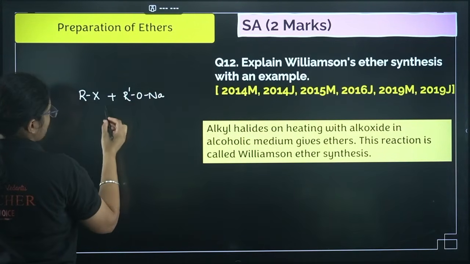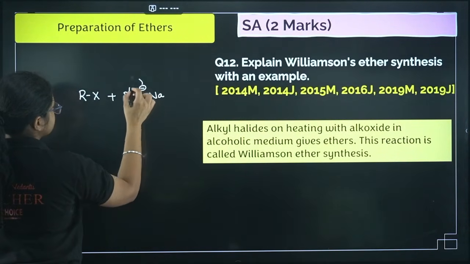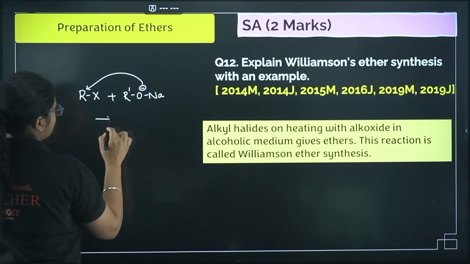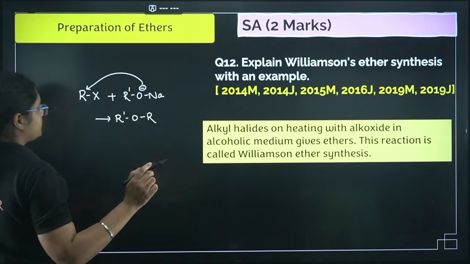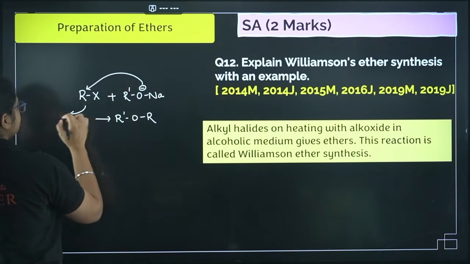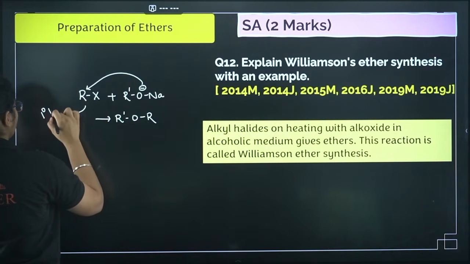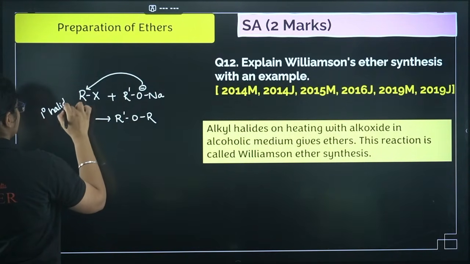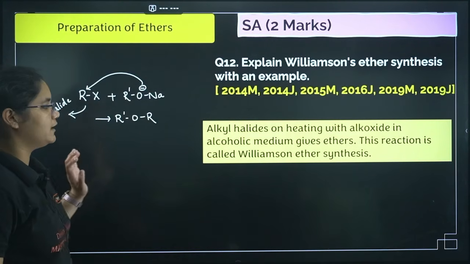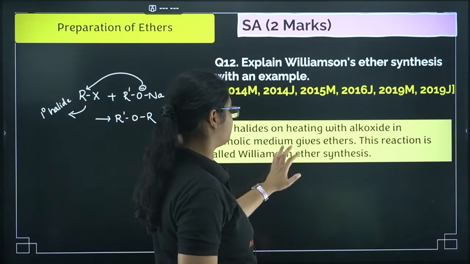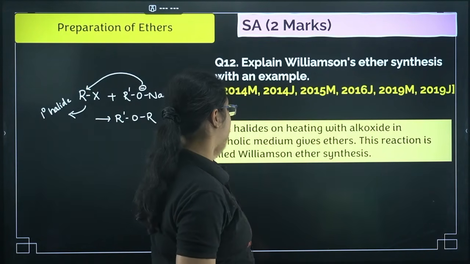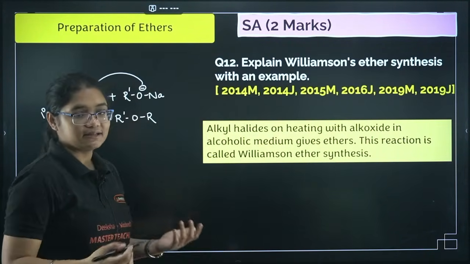Now here this R'O minus Na plus will react with RX, and you will get R'OR. Here you have to remember something, that this RX must be a primary halide. Alkyl halides on heating with alkoxide in alcoholic medium give ethers, and this reaction is called Williamson ether synthesis.